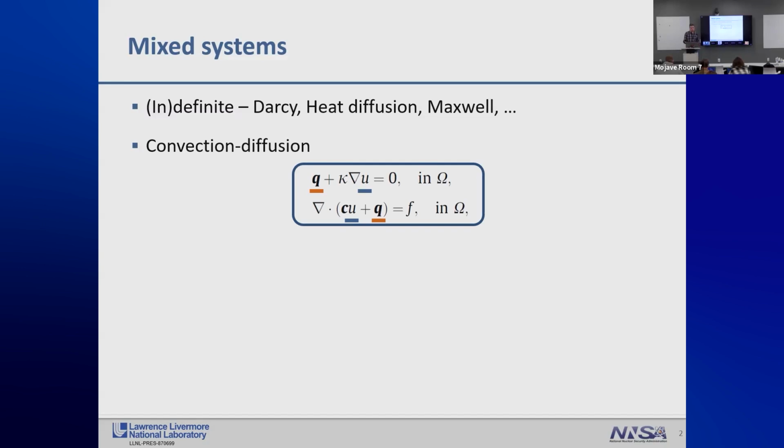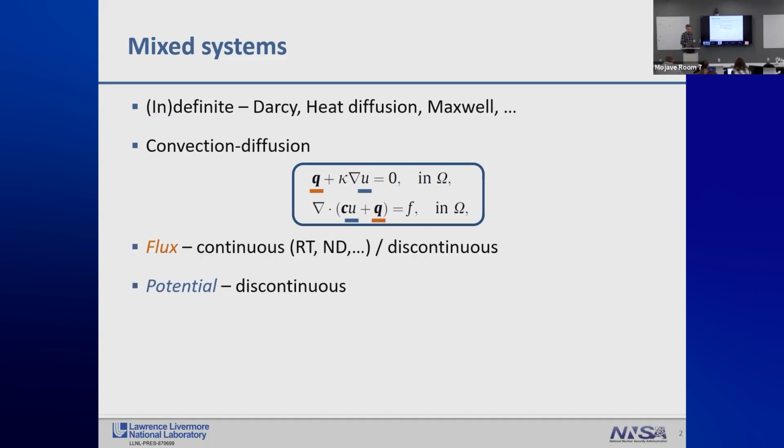So we have some vector flux Q and scalar potential U, then some conductivity kappa, and some velocity field C. For this talk, consider that the flux is being discretized with continuous elements like Raviart-Thomas, Nedelec, and so forth, or also discontinuous fluxes.